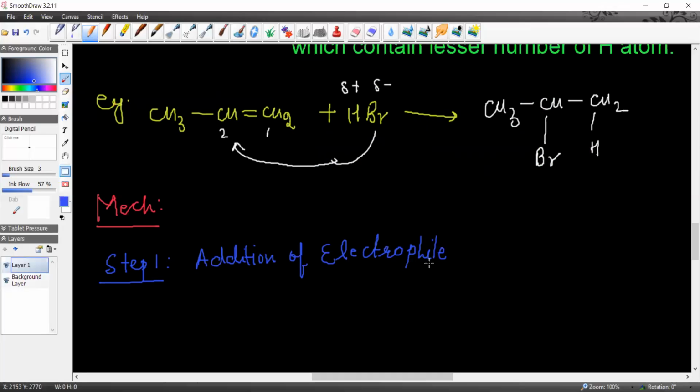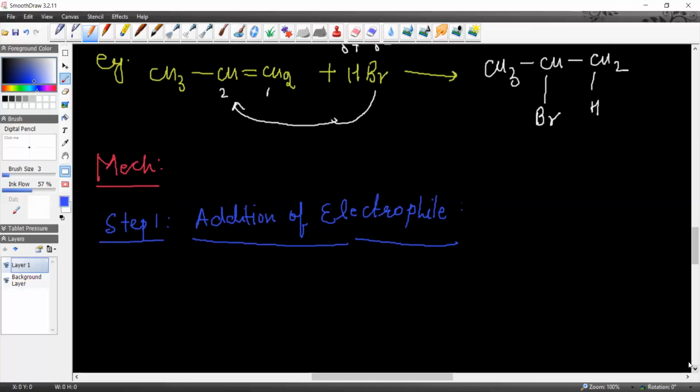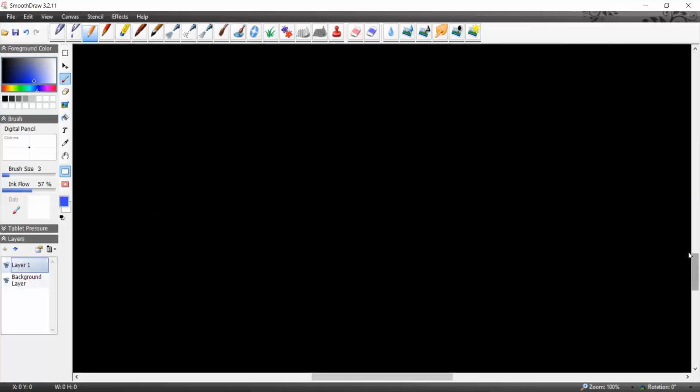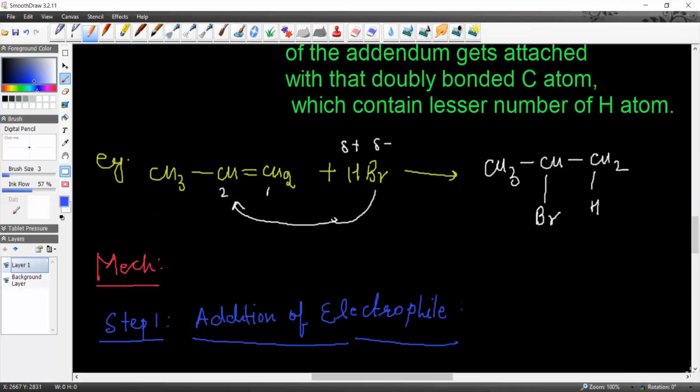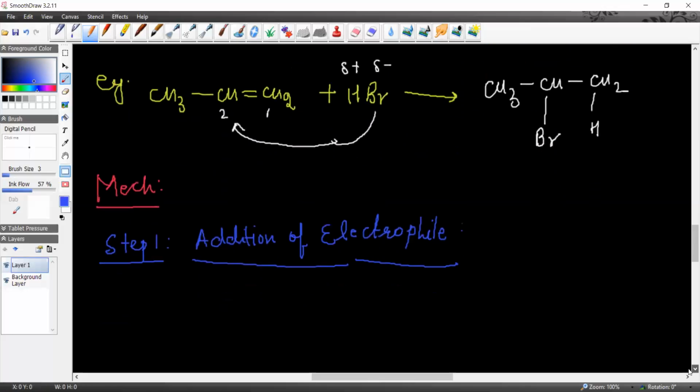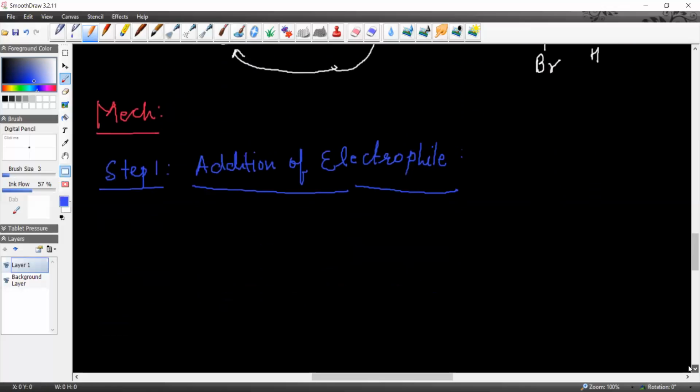I hope you know what we mean by electrophile, because I already told you in general organic chemistry that electrophiles are those species which are electron deficient in nature. So in the first step, we have the addition of electrophile.